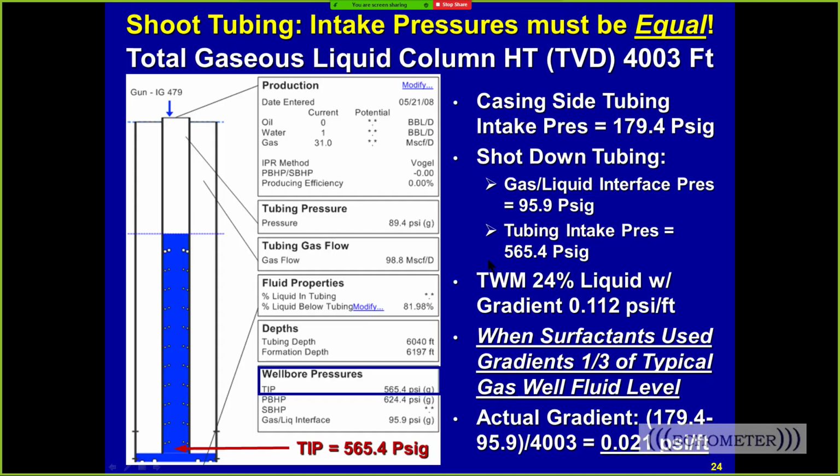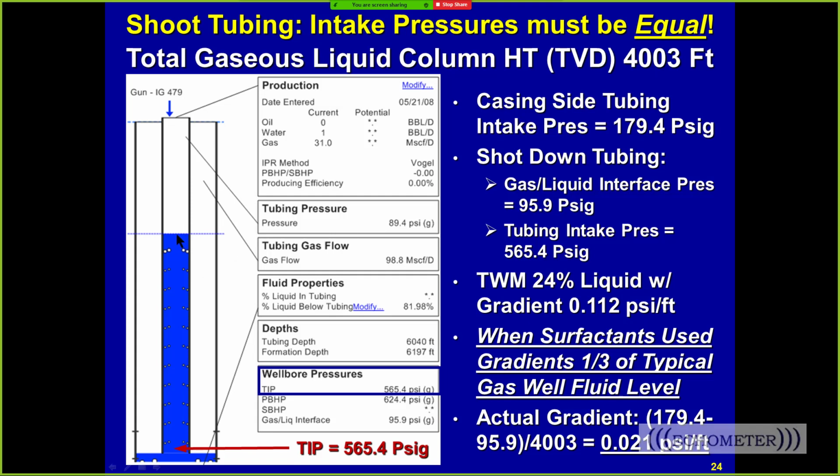Now we shot down the tubing and we see this high liquid level in the tubing, and we can calculate the weight of this fluid based on loaded liquid. And so in the software, TAM and TWM, we assume that this liquid is liquid loaded. Well, there's not a button in TAM yet to click and say this is a mist, which is caused by surfactant.